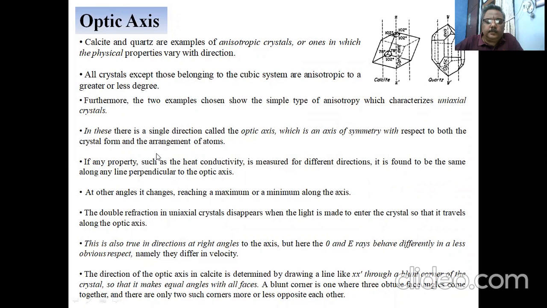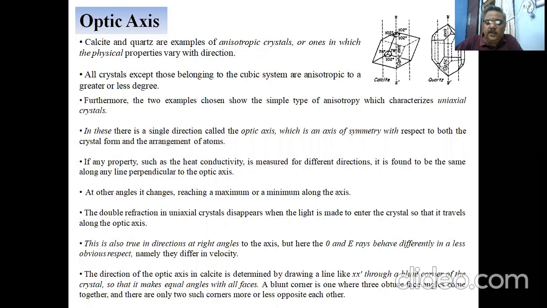There are two examples chosen to show the simple type of anisotropy which characterizes the uniaxial crystals. In these, there is a single direction called the optic axis. Single direction, that is why they are uniaxial. The optic axis is the axis of symmetry with respect to both the crystal form and the arrangement of atoms.